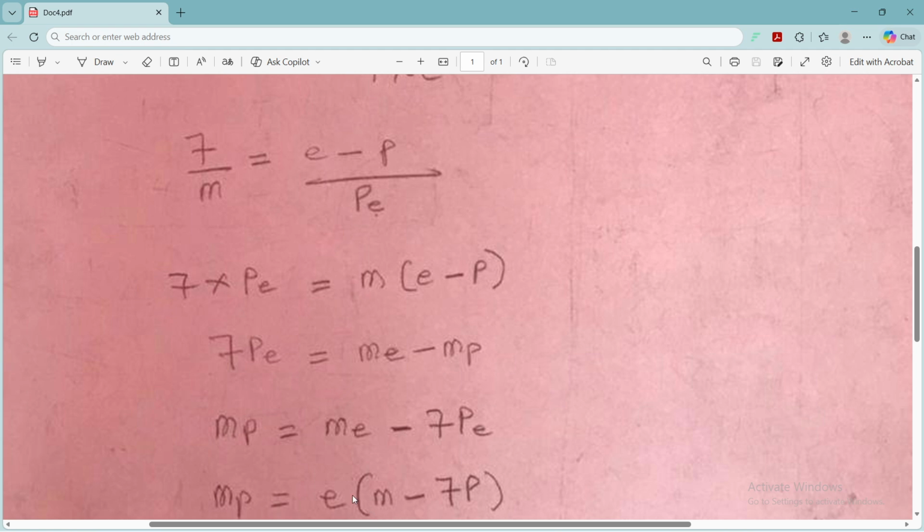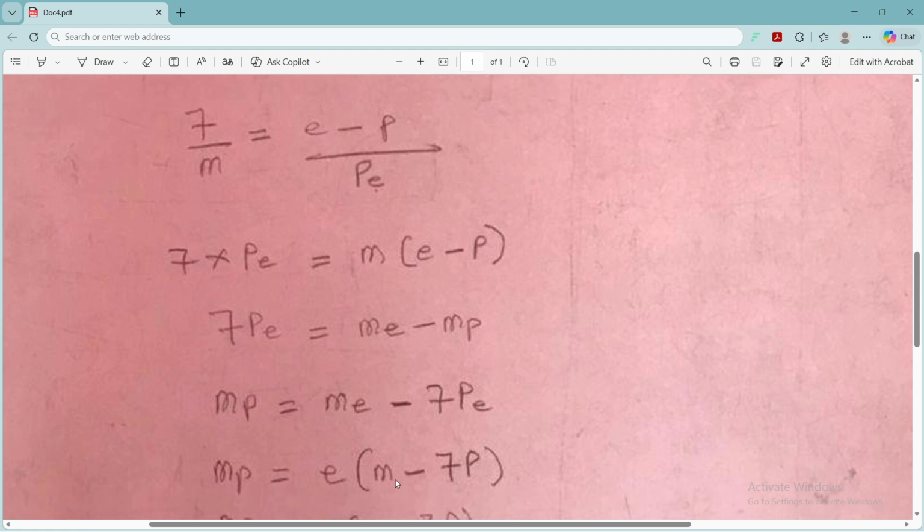But E is dependent on the factor in brackets M minus 7P, right? E is not independent, and E must be independent before it can become the subject of the relation, right? So what we have to do is to cancel out E multiplying M minus 7P by, or in brackets, M minus 7P, right? Which is the common factor. We cancel it out, and whatever we do for the right hand side of the equation, we do the same for the left hand side.